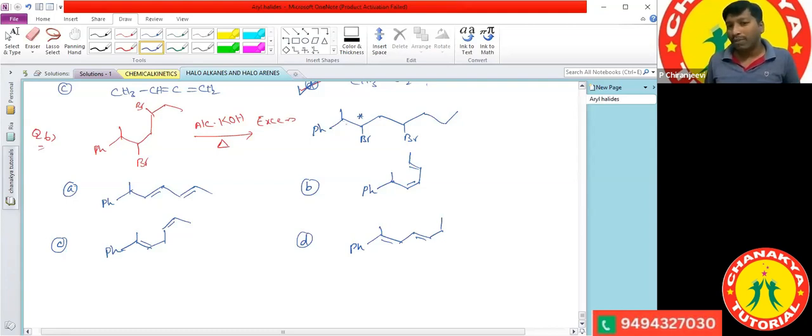If you remove that, in which direction? For example, let us consider it as the first carbon atom and the second carbon atom. From where, if you remove the hydrogen atom, does it become more stable? That you can tell me first. If you find the logic, you'll get the answer.